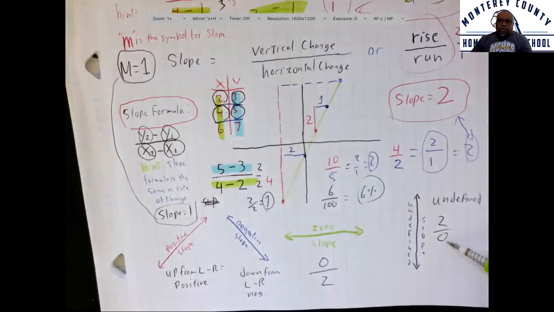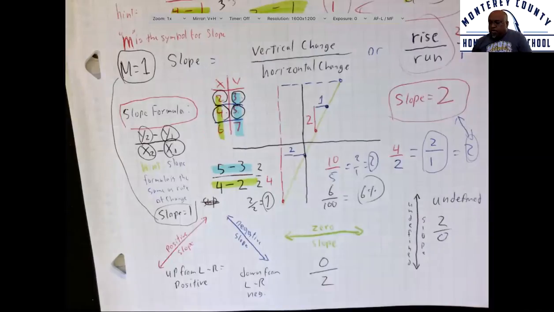Well, 0 means nothing, and you can't divide something by nothing, so that's undefined. In other words, it doesn't make sense. So with a perfectly vertical line, when we're talking about slope, we call it undefined, because you can't divide something by nothing.